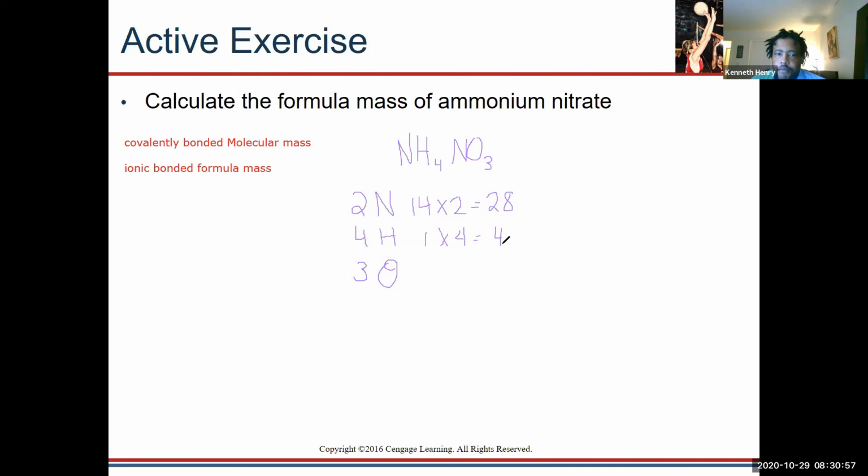Mandy, oxygen. Mass of oxygen. Okay, 16. So Mandy had a question earlier. She asked, so the atomic mass is the mass of each molecule?